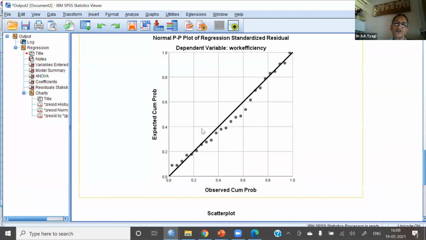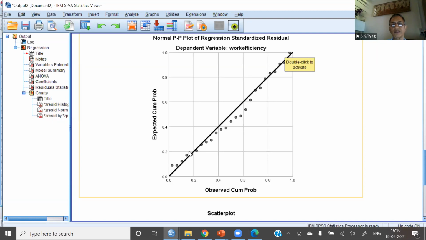Now these points should be on this line. They are deviating very little on this side. One point here is slightly above this line, and there are a couple of points, but they are very close to it. This is the expected cumulative probability as per normality.